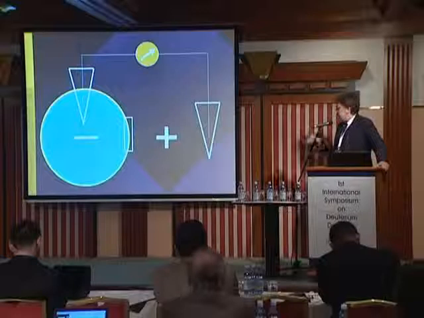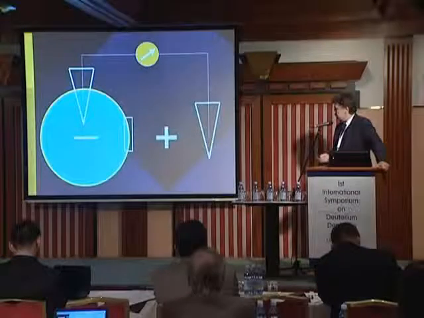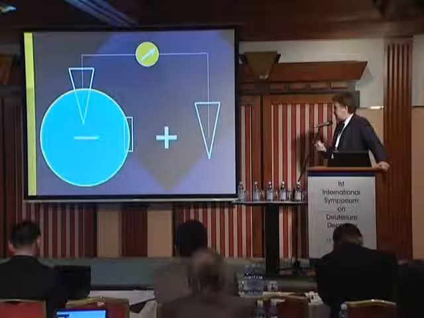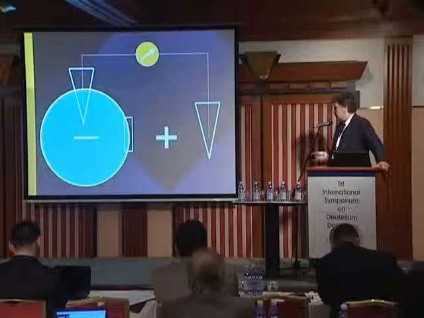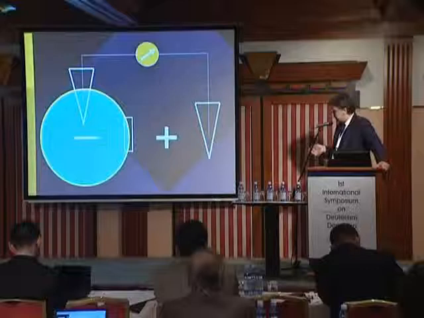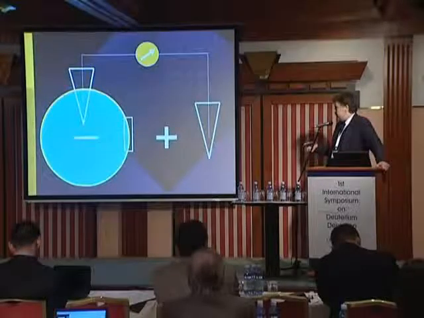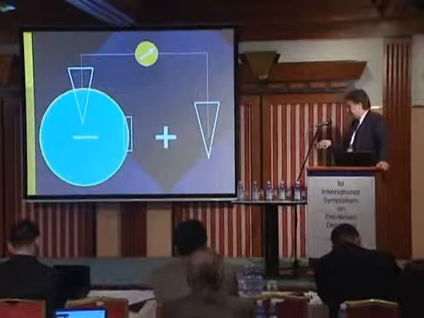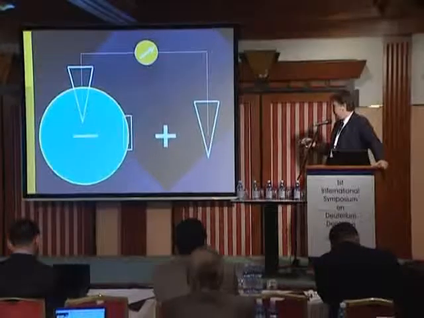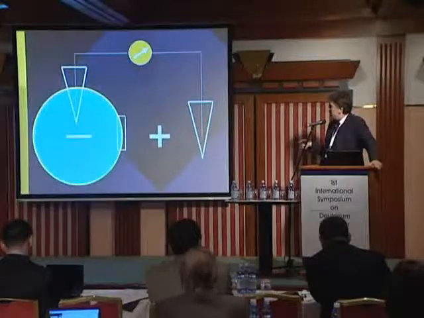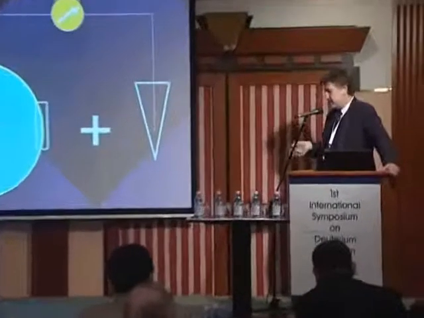So the membrane is the source of the voltage, which is the important part in maintaining this current. And the interior of the cell is the cathode.